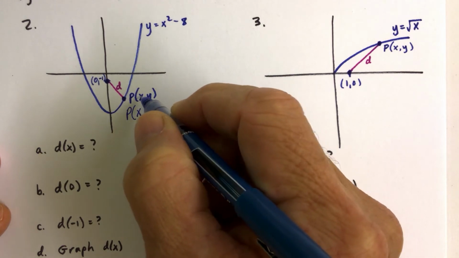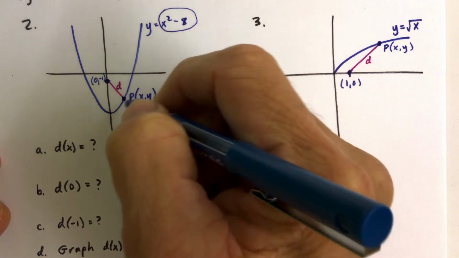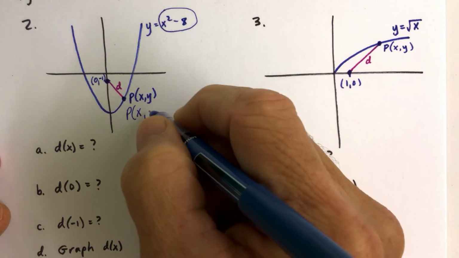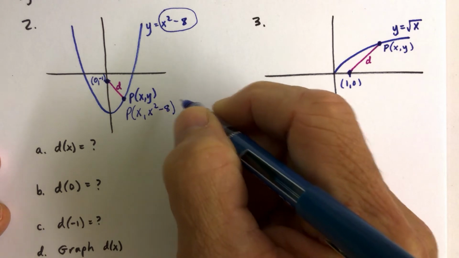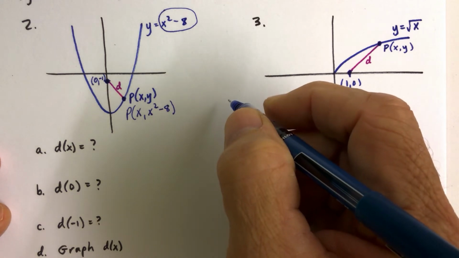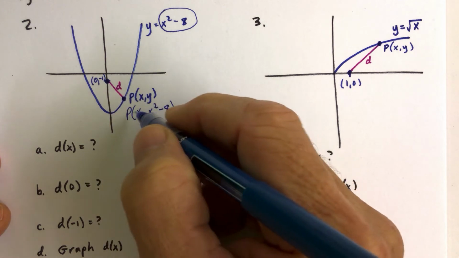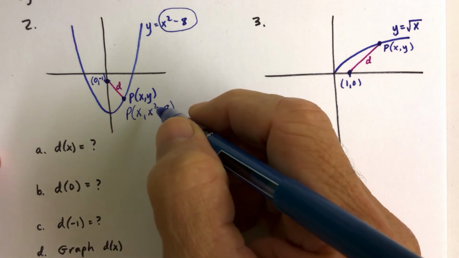Instead of having x comma y, since y on this function is equal to x squared minus 8, we're just going to replace y with x squared minus 8. So now we have all of the coordinates in terms of x, and we don't have a y in there, so we're good to go.